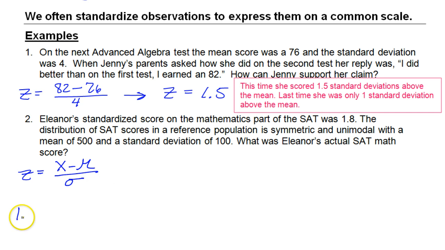So that means I've got 1.8 equals x minus the mean, which is 500, divided by the standard deviation, which is 100. So it's just a matter of solving this equation. All right, so how will I solve this?